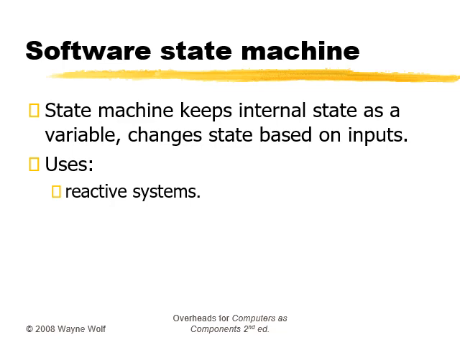We use a state machine when inputs appear randomly rather than as periodic samples. It's often convenient to think of the system as reacting to those inputs. The reaction of most systems can be characterized in terms of the input received and the current state of the system.